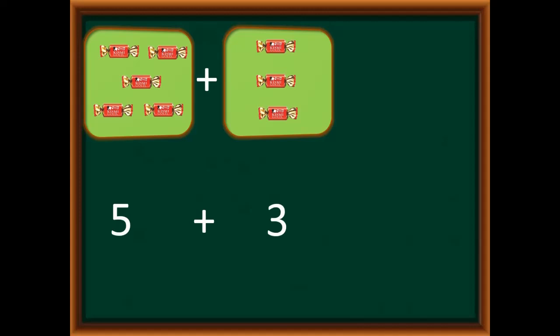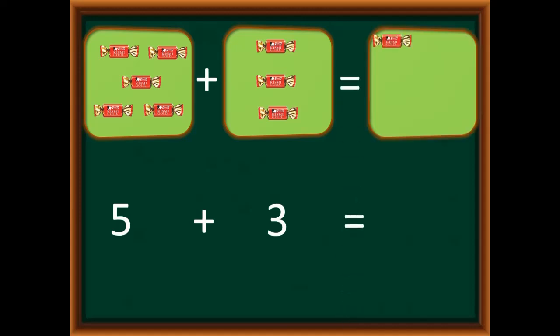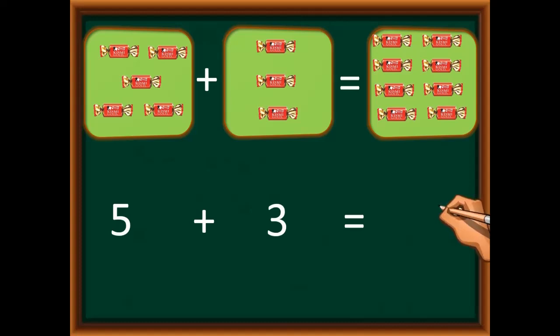So let's start counting the chocolates. 1, 2, 3, 4, 5, 6, 7, 8. So in total we have 8 chocolates. So 5 plus 3 gives us 8.